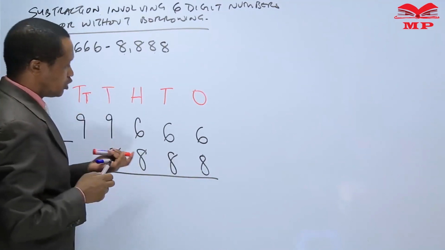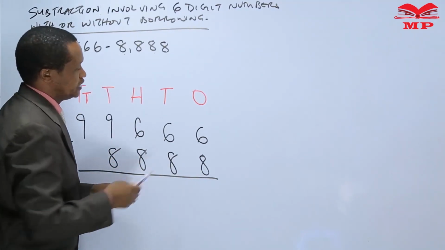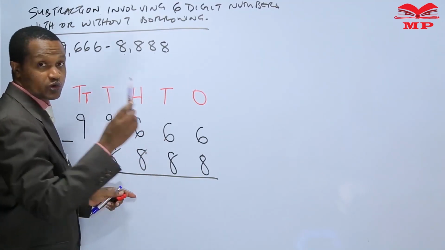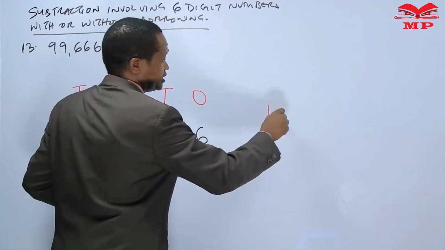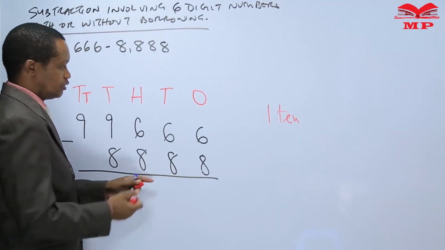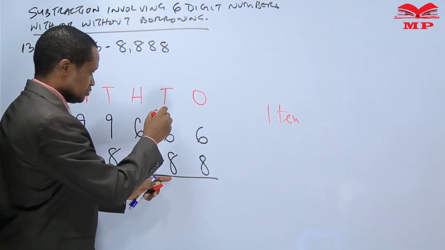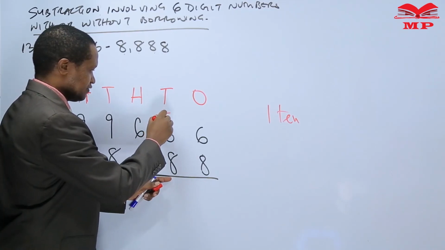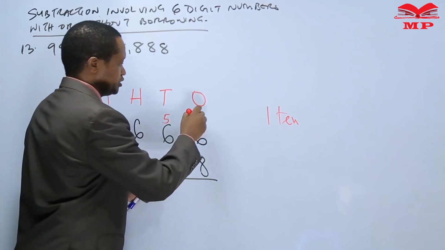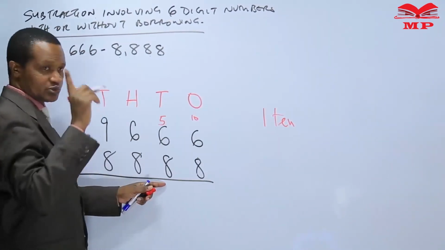So we'll have to borrow from the tens. These are 6 tens. We borrow 1 ten. When we borrow, we remain with 5 tens. So we borrow 1 ten, just 1.